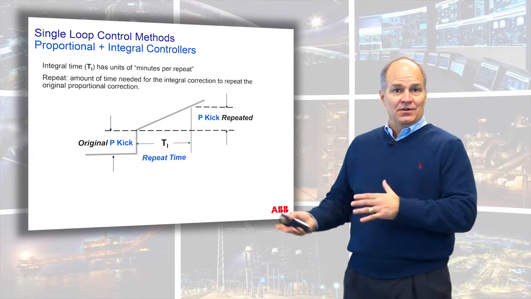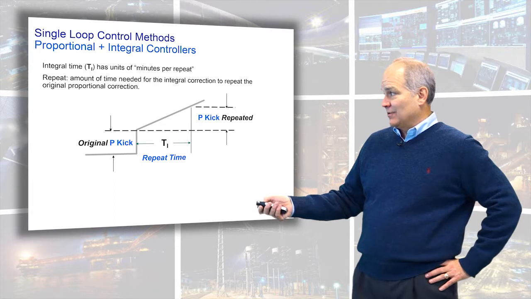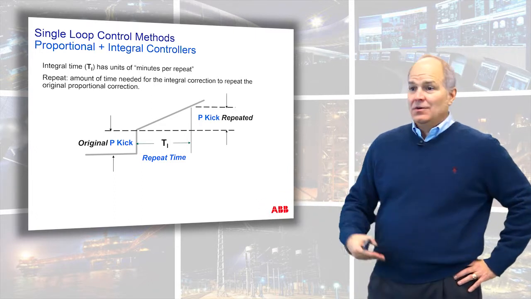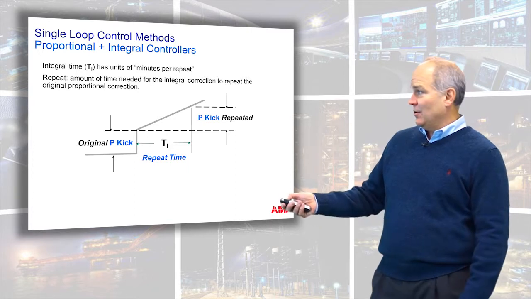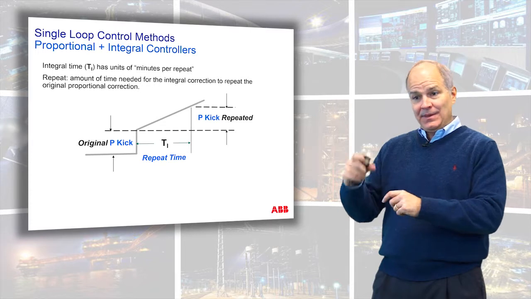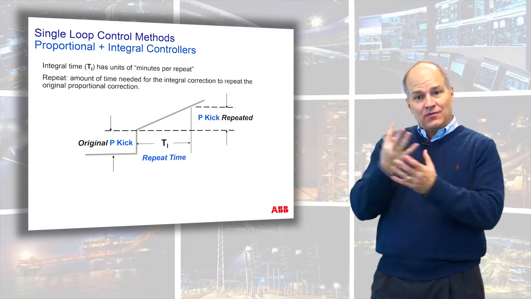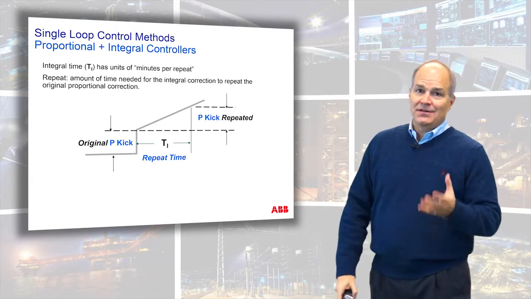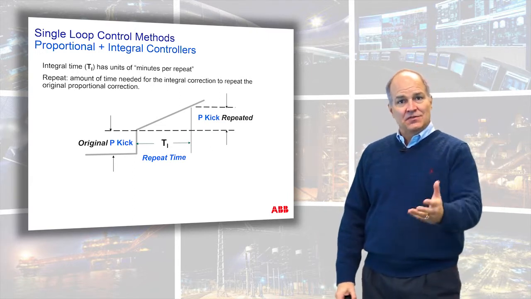That's where it gets interesting. Depending on what vendor you're working with, they'll either give you an integral time in seconds, or an integral time in minutes, or they'll give you a gain, which is the slope. And it can be in repeats per minute or repeats per second. So there are four different things that could represent this picture. Usually you just have to go to the documentation for the vendor.